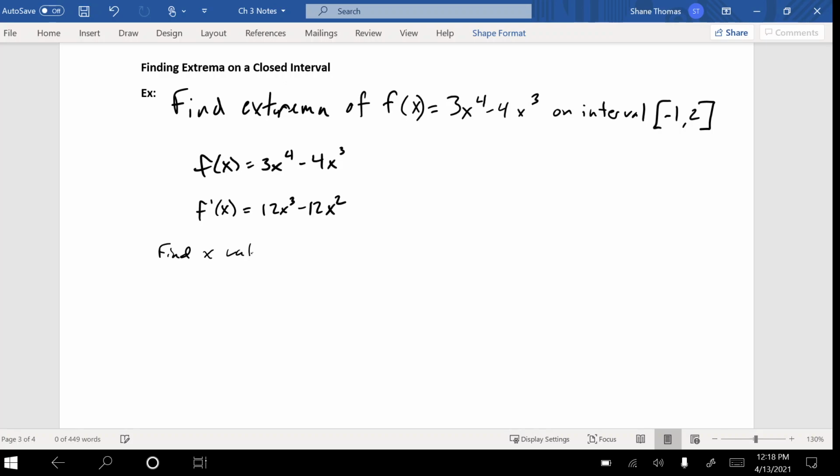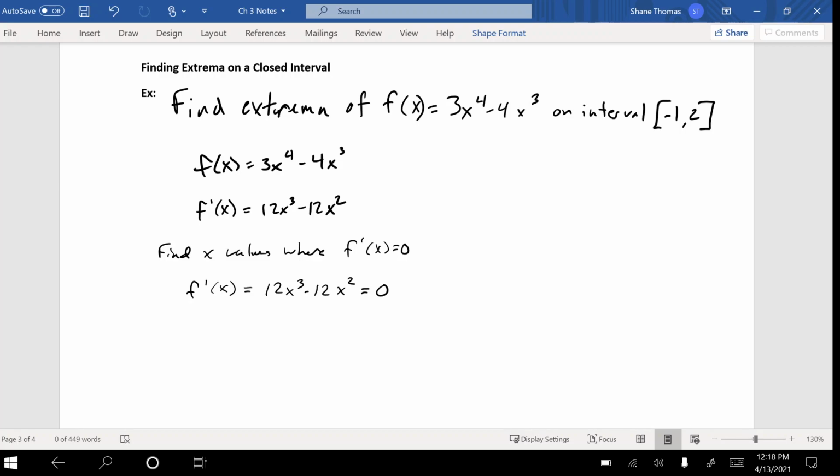All right, so we want to find x values where f prime of x equals 0. So it's very similar to what we've done in the past. We have f prime of x, which is 12x to the third minus 12x squared, we just found. We want to set that equal to 0.